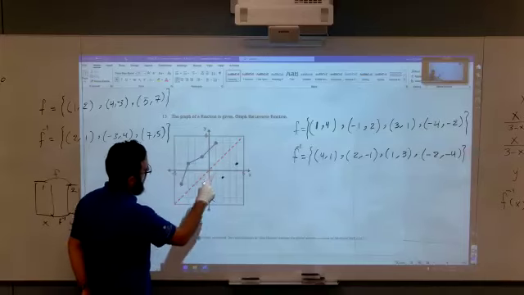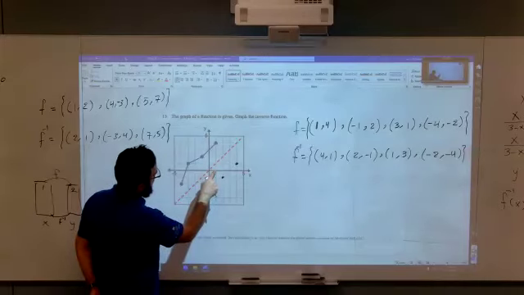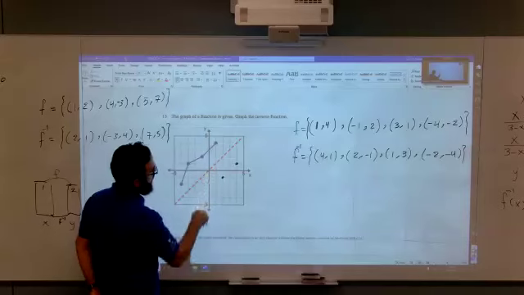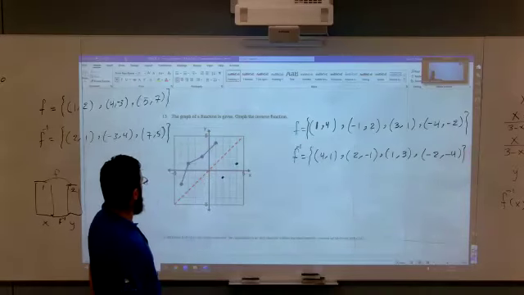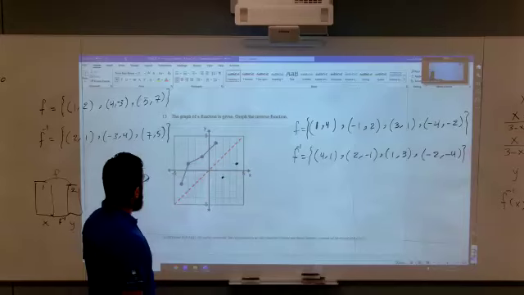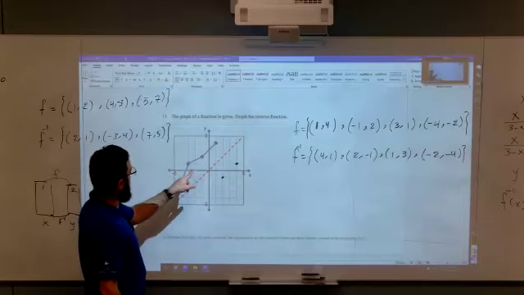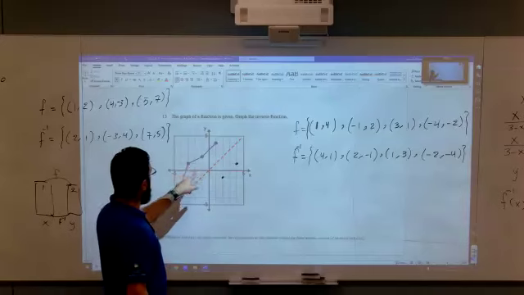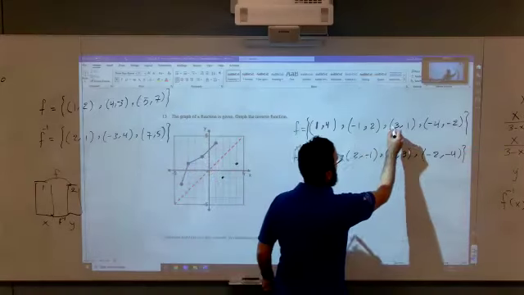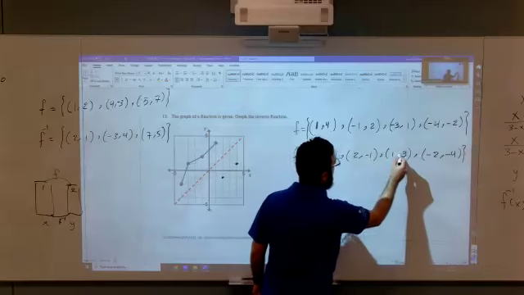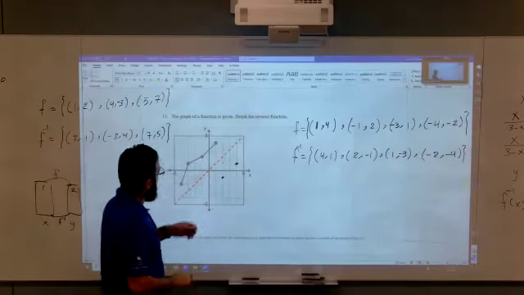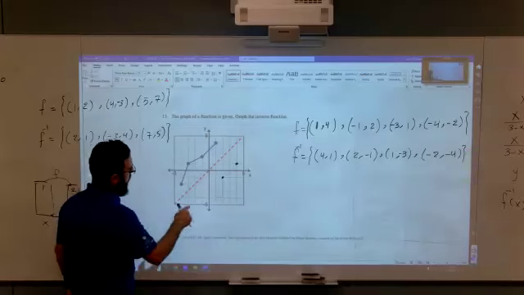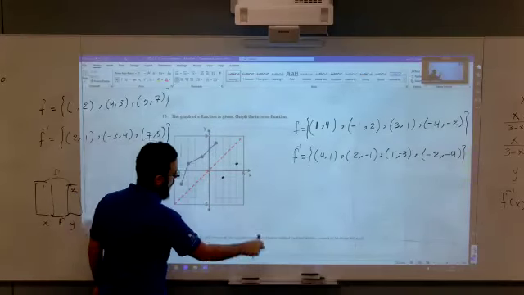Should be what? It's a 3, 1, the left. Oh yeah, you're right. It's negative 3, 1. Perfect. So it's going to be (1, -3).